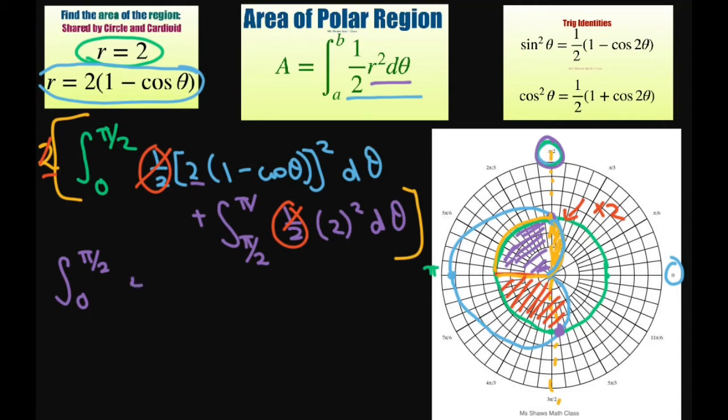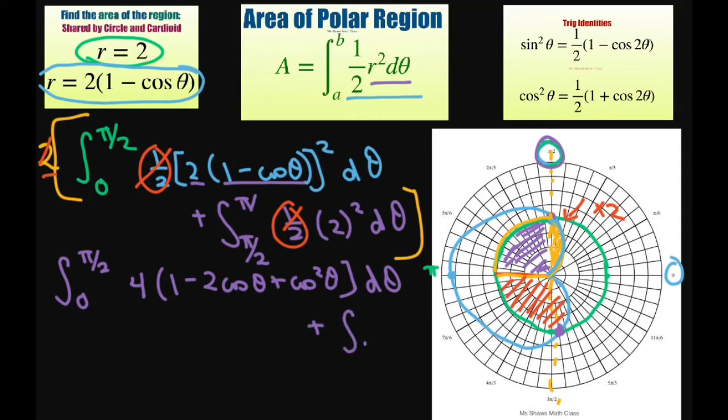So this is going to be 4 times 1 minus 2 cosine of theta plus cosine squared of theta d theta. And then we still have this plus the integral from pi divided by 2 to pi of 4 d theta.